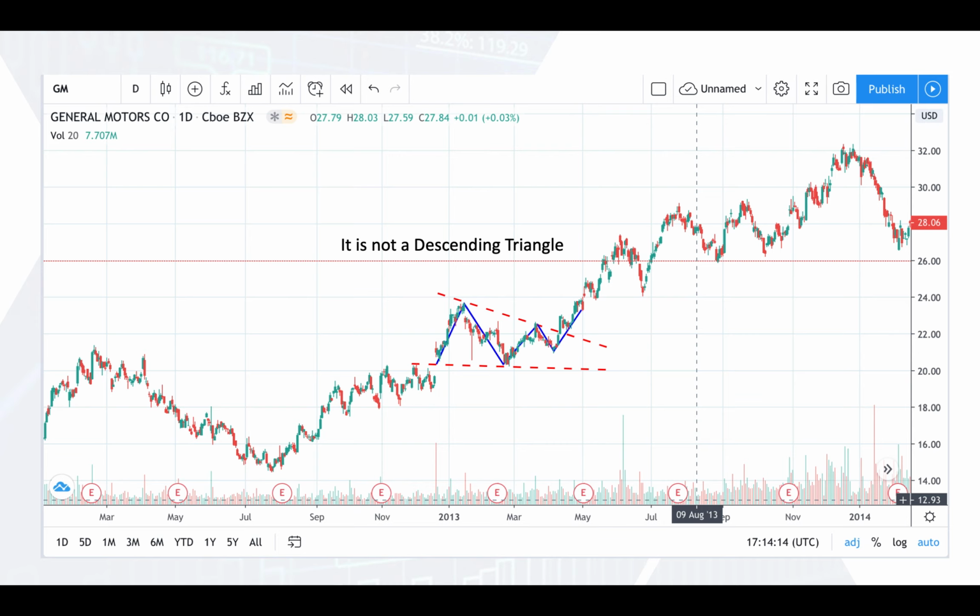This one can be seen as a descending triangle, but actually not, because it has not formed properly. We have only 1, 2, 3. We don't have 4 points to define a descending triangle. That's why the main rule is that not always those rules apply to all kinds of patterns.